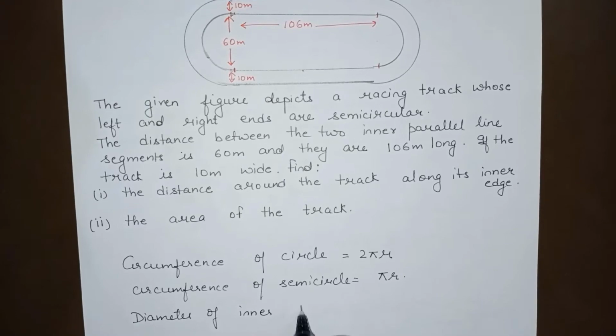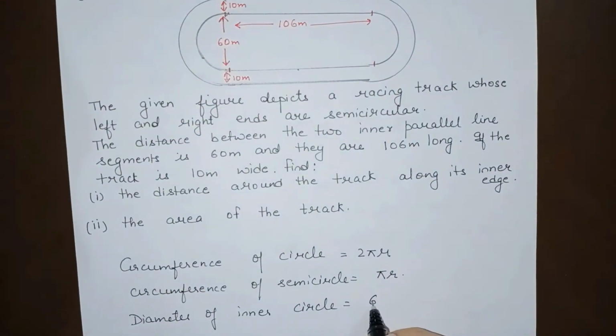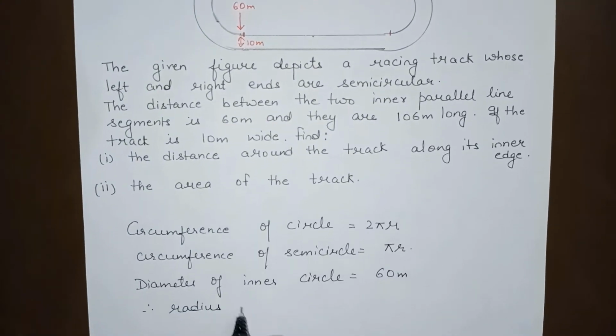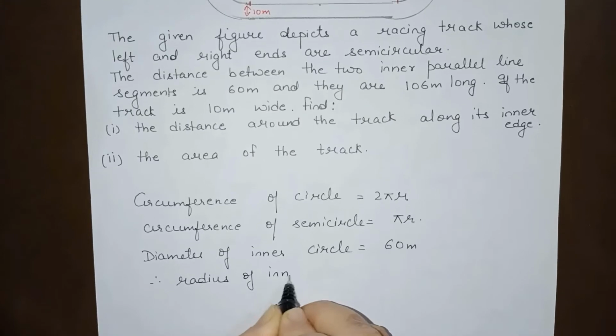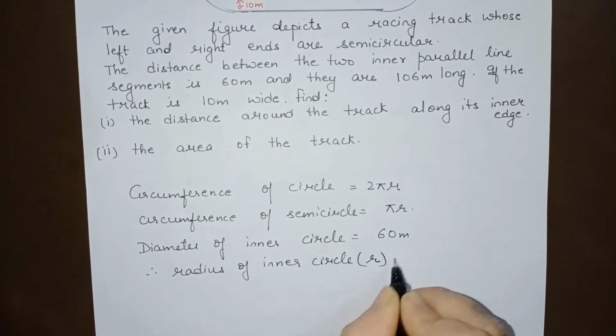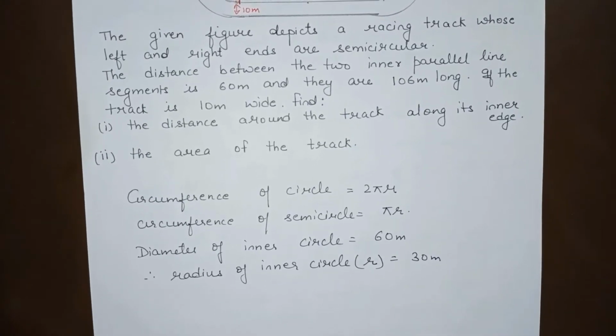Diameter of inner circle is 60 meter. Therefore, radius of inner circle, that is small r, is 30 meters, 60 by 2, diameter by 2.